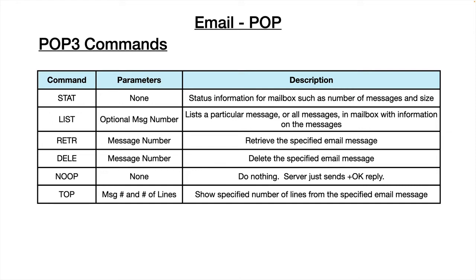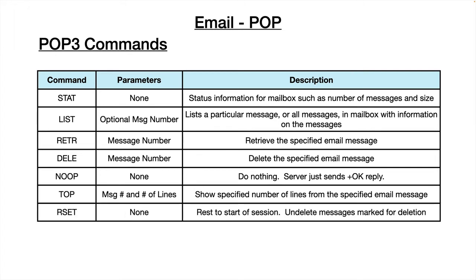There is a TOP command, and basically what that does is you give a message number and a number of lines, like message number 10, I want to see 5 lines of it, and it'll show you that many lines from the specified email message. So if you just want to see what it is or see the headers, you can use the top command.